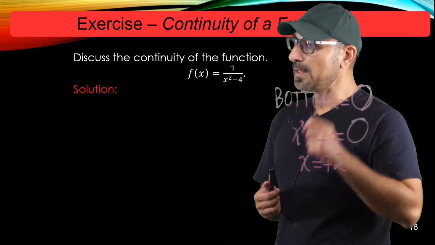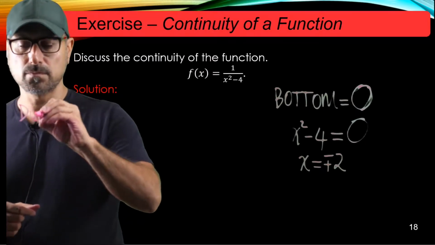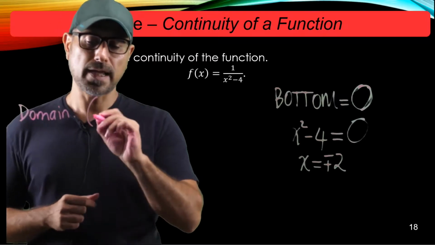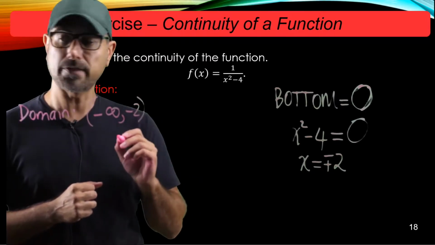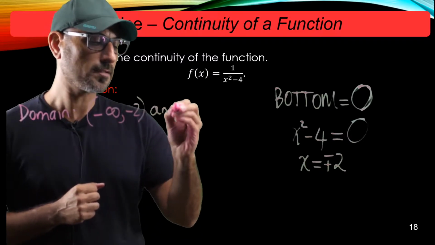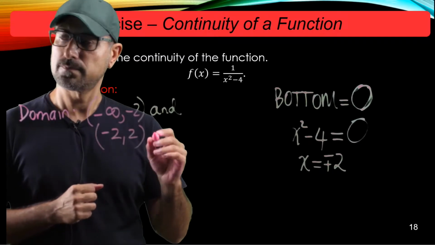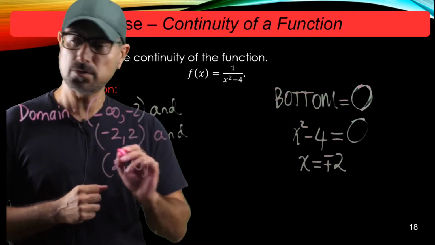In other words, the domain of the function would be anything in between negative infinity and negative 2, and negative 2 and 2, and 2 to infinity.